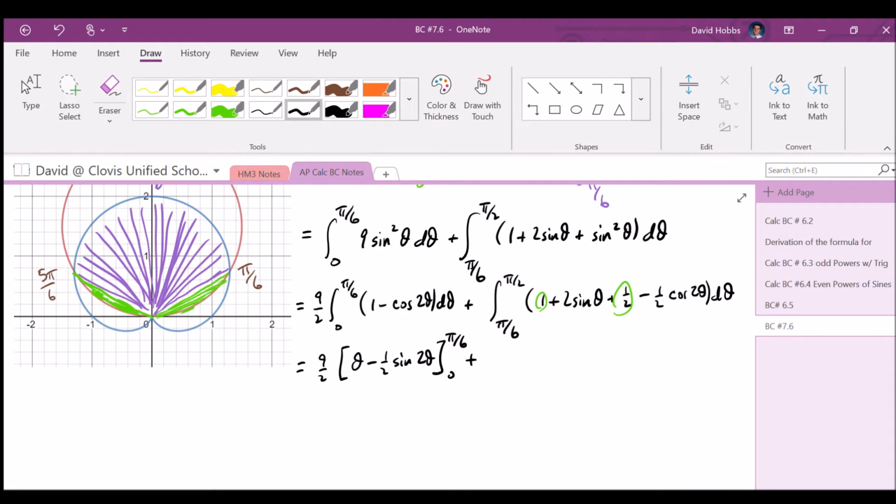And so we have 3/2 theta, and the plus 2 sine theta, that is the derivative of negative 2 cosine theta, and then the negative 1/2 cosine 2 theta, that would be the derivative of negative 1/4 sine of 2 theta.